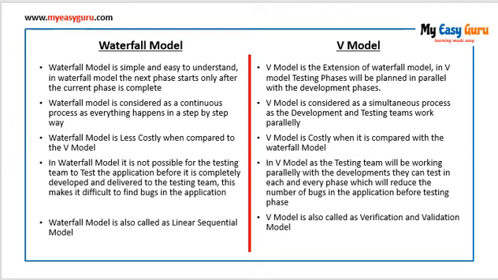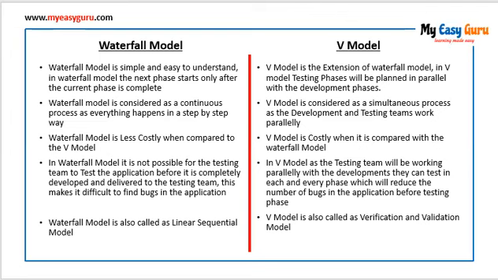Second point would be waterfall model is considered as a continuous process as everything happens in a step-by-step way. In case of V model, it is a simultaneous process as development and testing teams work parallelly. So we know in case of waterfall model, we can't go to next phase until we complete the previous phase.